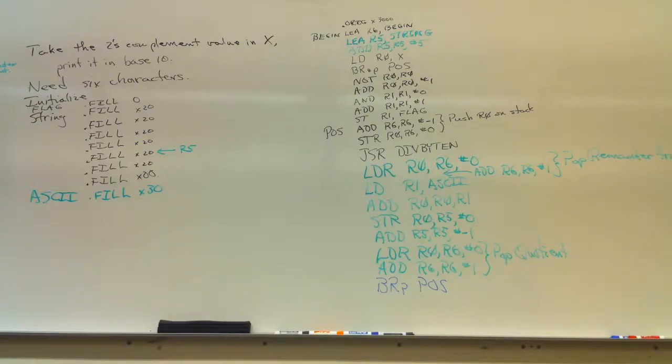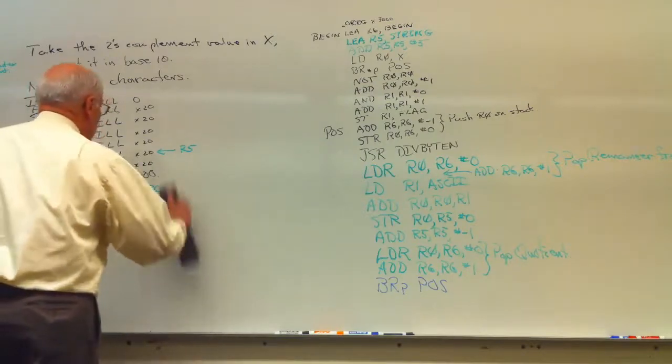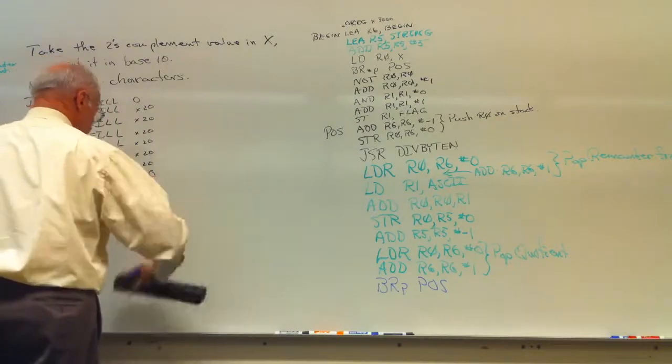It's obviously not done. Well, for one thing, I haven't written the divide by 10 routine. But if we just assume that and just check this and see if our logic is working out all right, let's just see where we might be.